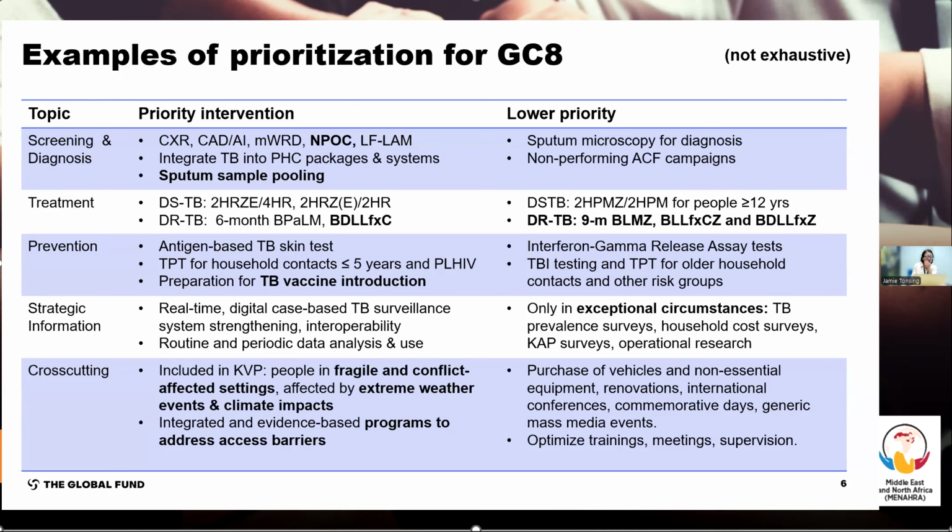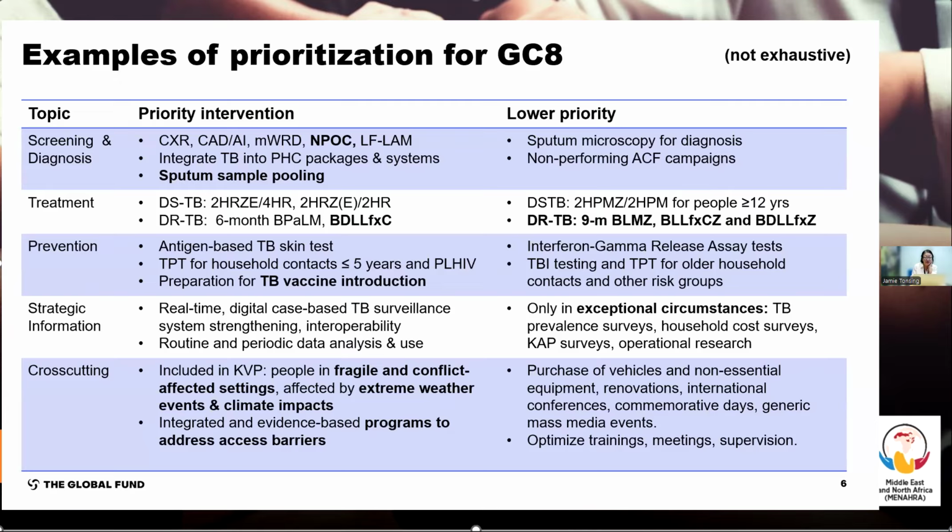Because we want to use better, more sensitive tools, we're promoting chest X-ray for screening instead of symptom screening, and where possible using AI software, and also molecular rapid diagnostic tests, near point of care tests, LF-LAM, and then sputum sample pooling.